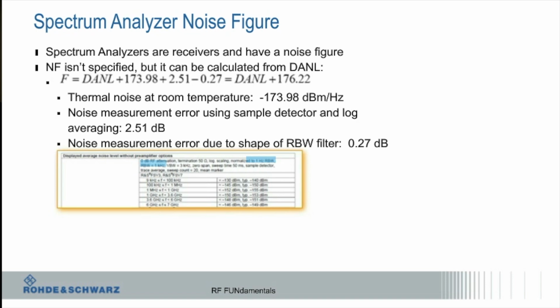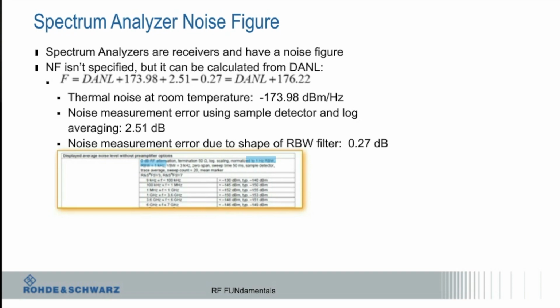But they give you a DANL spec, the displayed average noise level. Okay, and this is how it's calculated. F is from DANL plus basically 174, and then a noise measurement error. Different detectors have a different error term, and I'm not going to talk about that, but it's a thing in a spectrum analyzer.